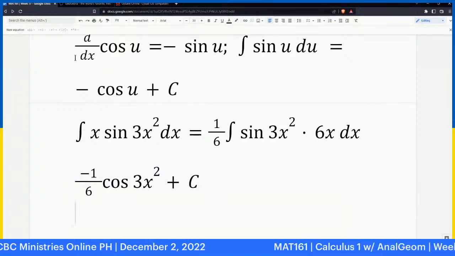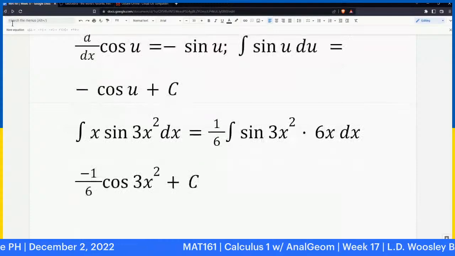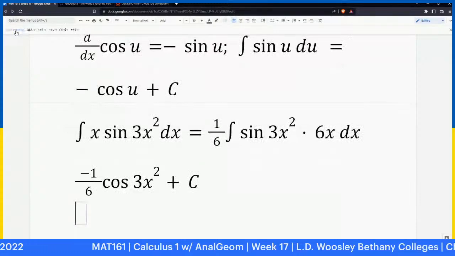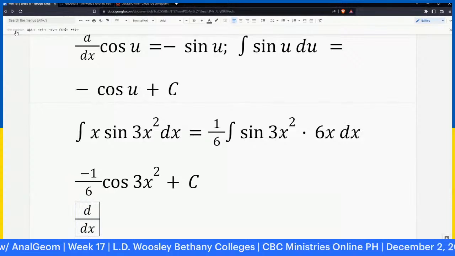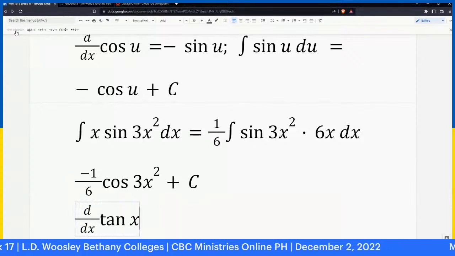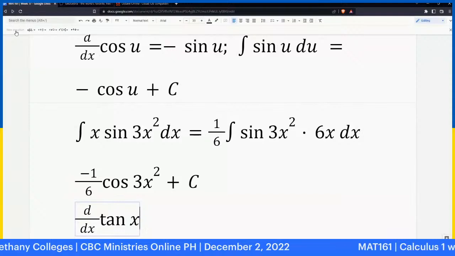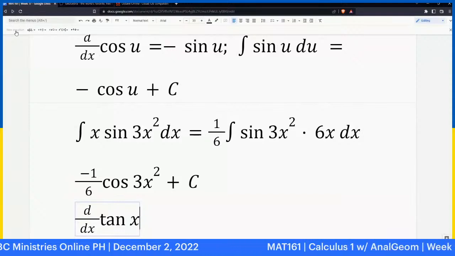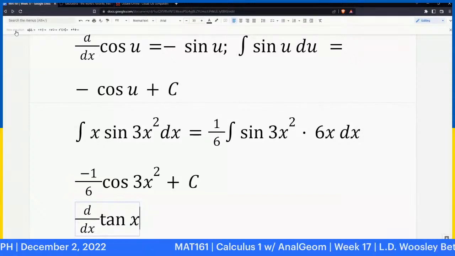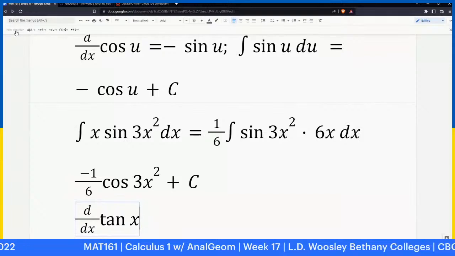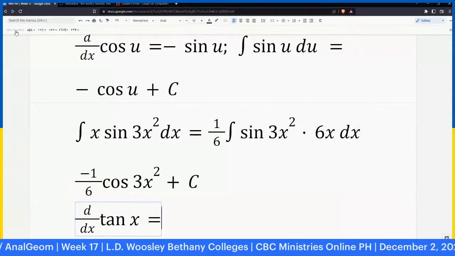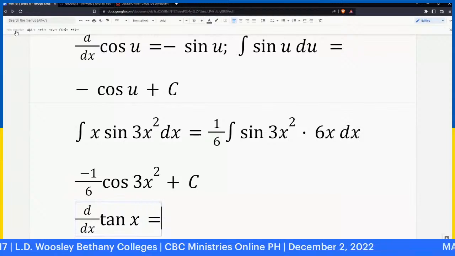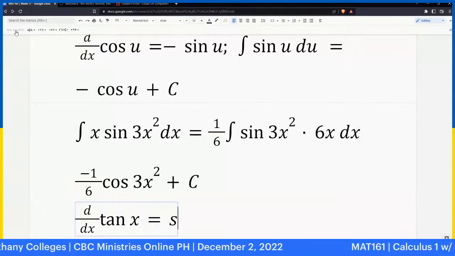Okay, another. What if we get the derivative of tangent? What's the derivative of tangent, guys? That is secant squared.